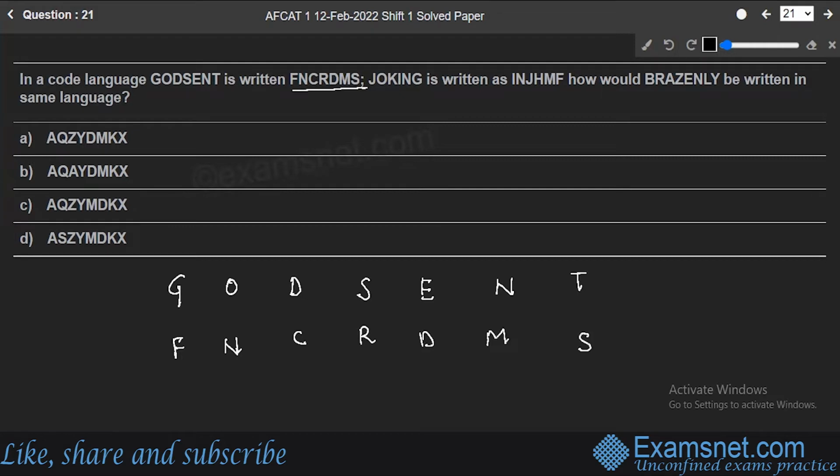You are seeing that in all of these, the code of the word is formed by replacing each letter of the word with its predecessor as per the English alphabetical series, right? Let's write down the second one also and see if this is the case with the second option also.